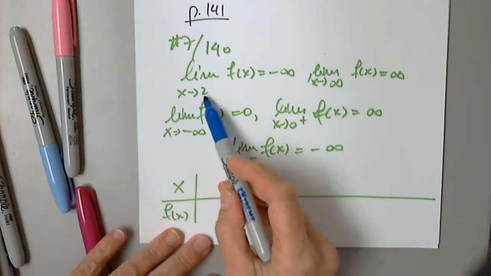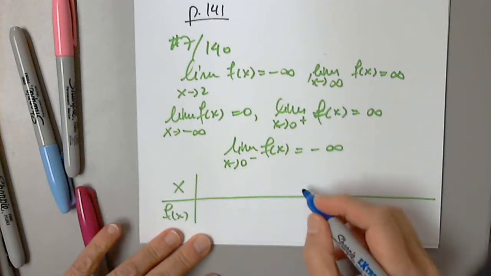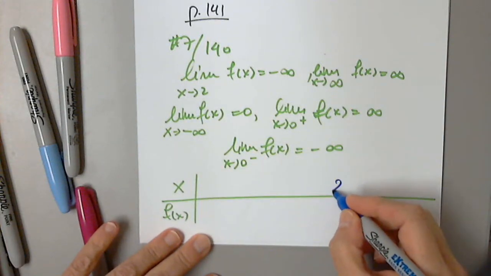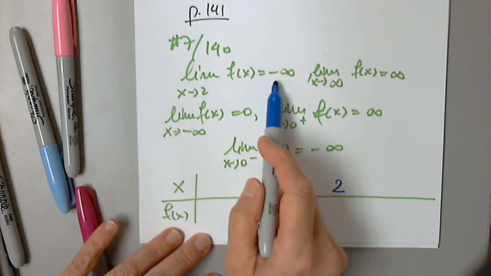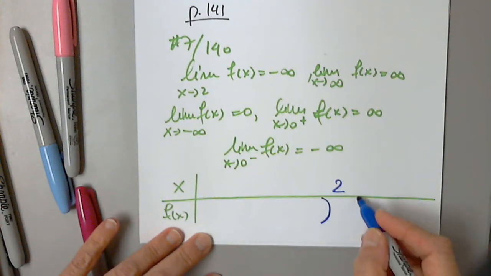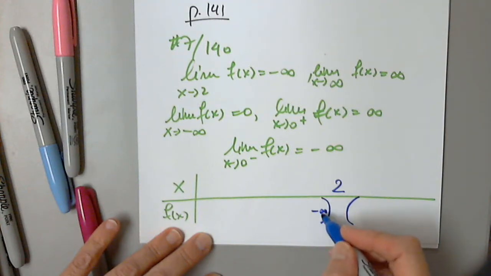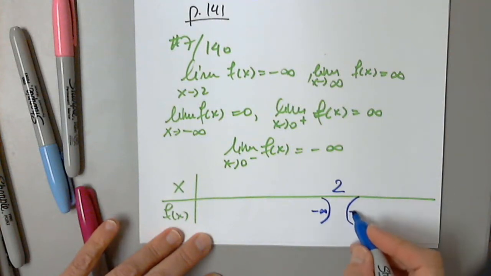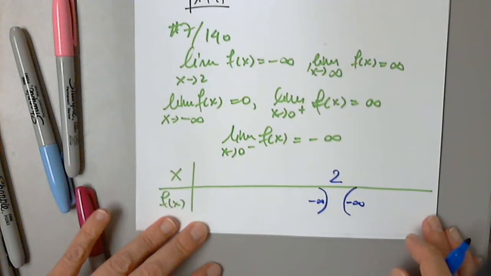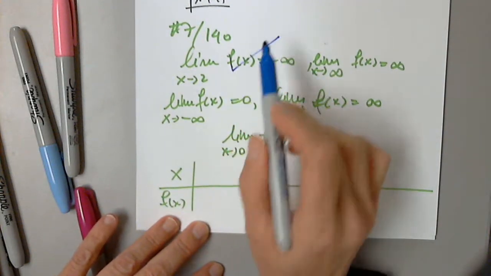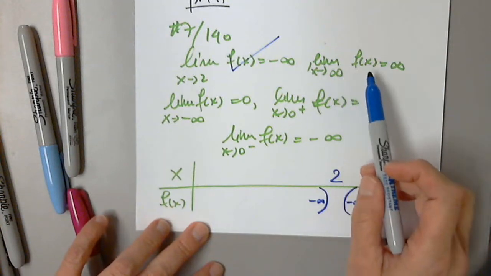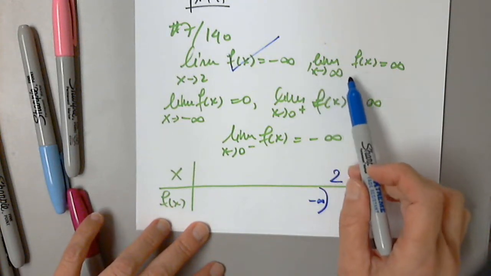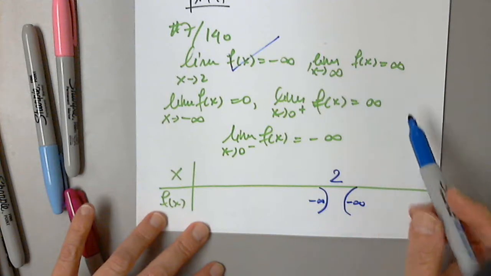So first of all, I see 2. If this is 0, I'm going to say this is 2. The limit from either side of 2 is negative infinity, negative infinity inside of this parenthesis, negative infinity inside of this parenthesis. And this is done. Limit as x approaches infinity of f of x is infinity.